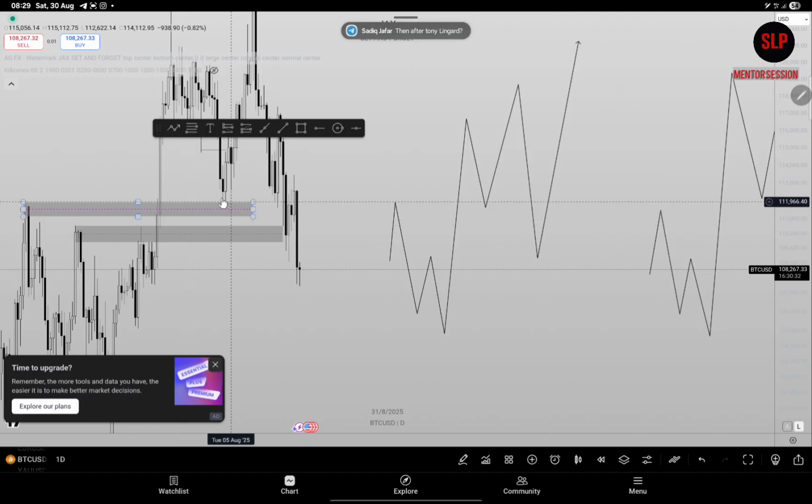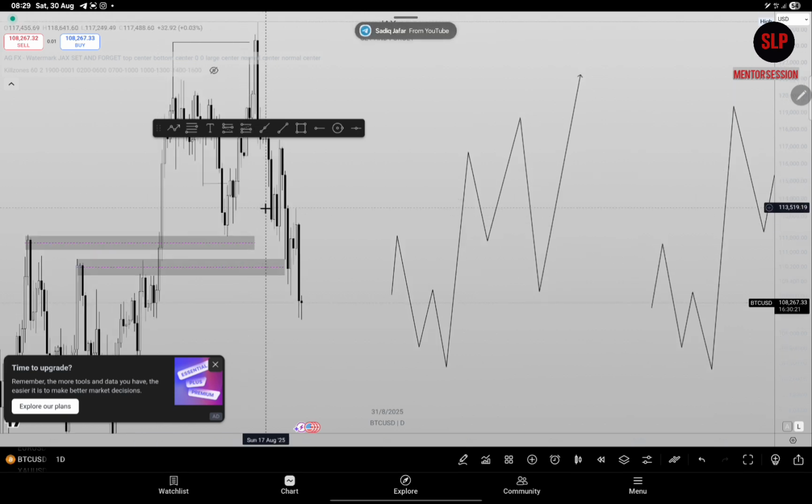Possibly we should consider that price taking out this low, where price tapped into a valid point of interest before pushing back up, is a sign of price being bearish. But we still have the first breaker block that failed. It doesn't mean that when price taps into it, there will not be any reaction.